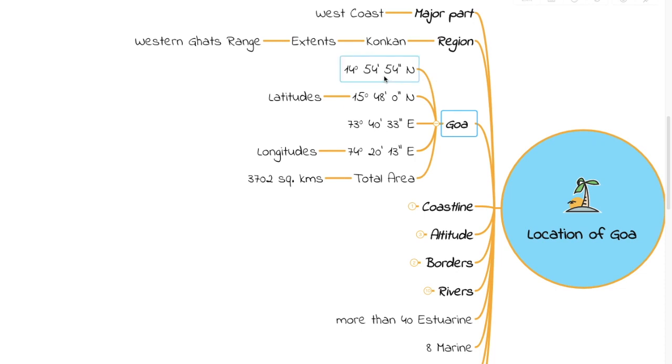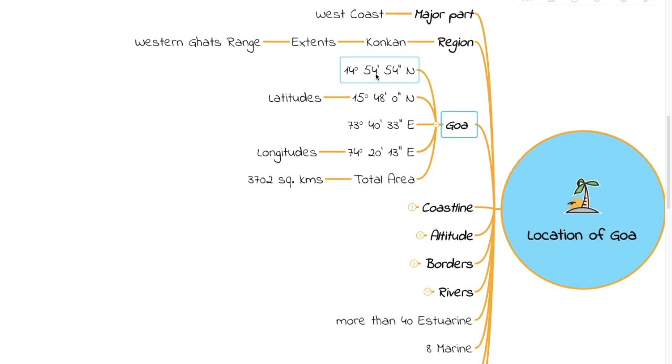Goa lies between 14 degrees 54 minutes 54 seconds north and 15 degrees 48 minutes 0 seconds north, and 73 degrees 40 minutes 33 seconds east, 74 degrees 20 minutes 13 seconds east. The total area is about 3,702 square kilometers.